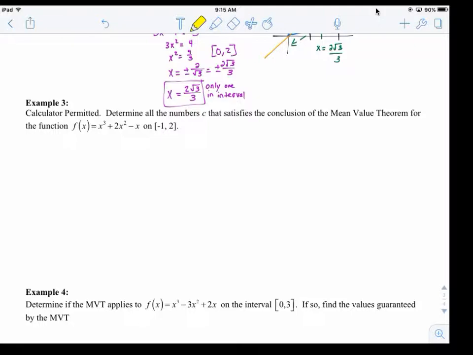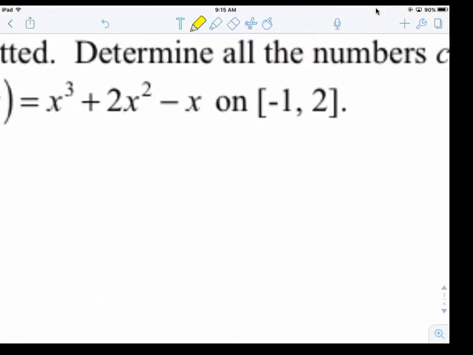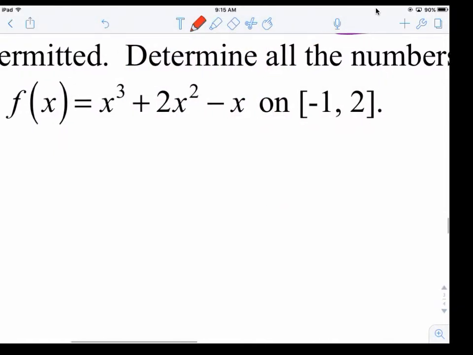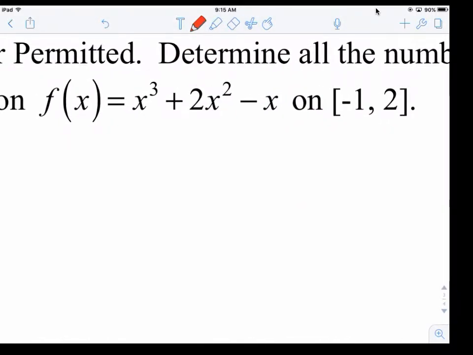All right, number 3. Determine all the numbers that satisfy the conclusion of the mean value theorem for the function x cubed plus 2x squared minus x from -1 to 2. Again, this is a polynomial, so it's continuous and differentiable, so this theorem is going to work out for us.